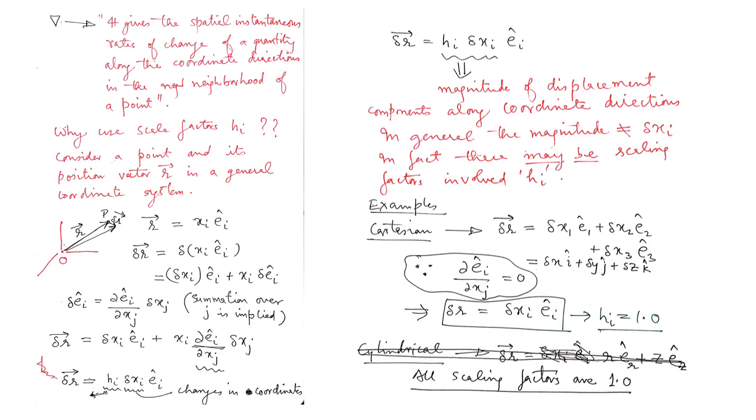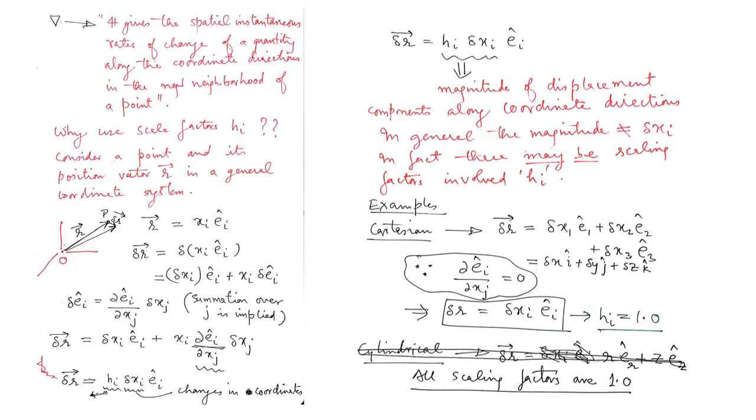So in those coordinate systems where unit vectors don't change, for example Cartesian, you don't expect to get these scale factors, and you are very right. In fact, in Cartesian coordinate systems, the value of hi is 1. That means for all Cartesian coordinates x1, x2 and x3, h1, h2, h3 are all 1. So delta r is in general hi delta xi ei.